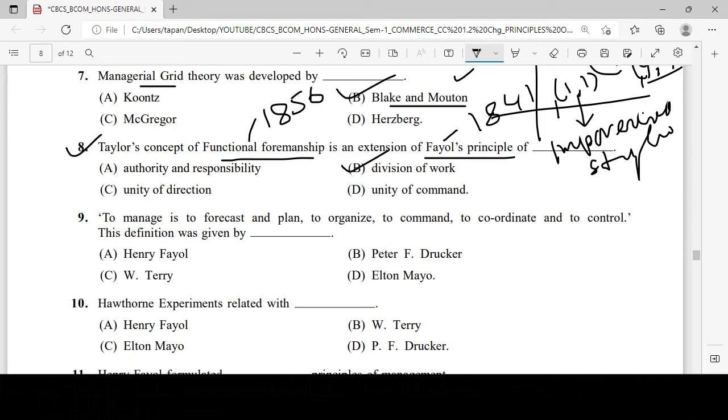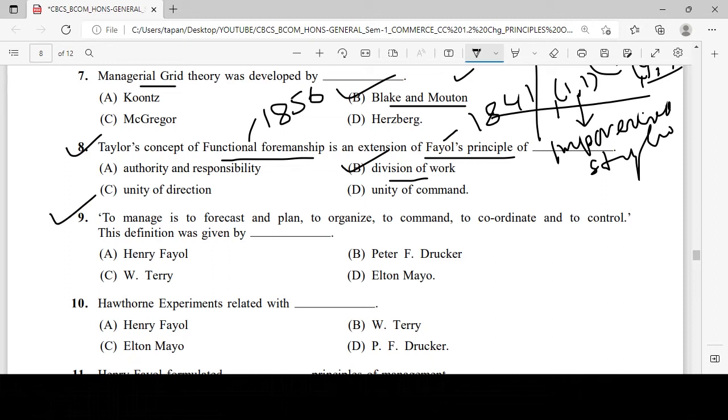Both of them developed management in their own ways according to their experiences. Therefore division of work is Fayol's principle.